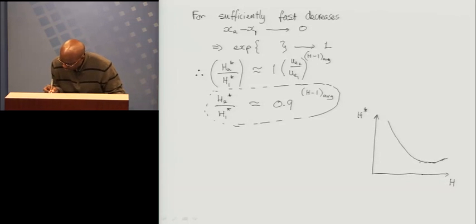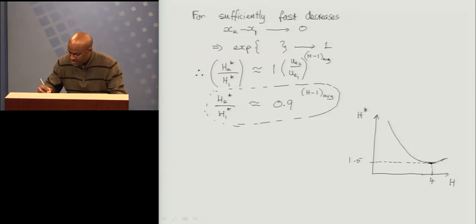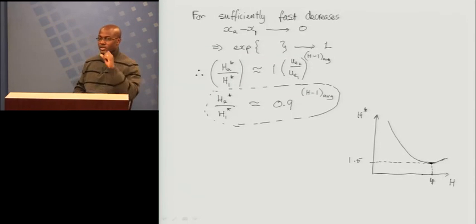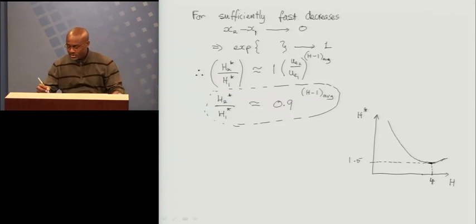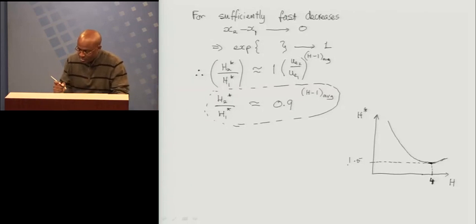This value is 1.5, and this value here turns out to be 4. So this is what happens at separation. At H equal to 4, where we have separation, the corresponding H* value is 1.5.